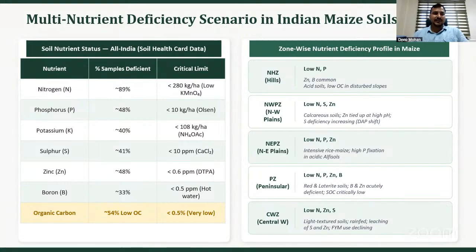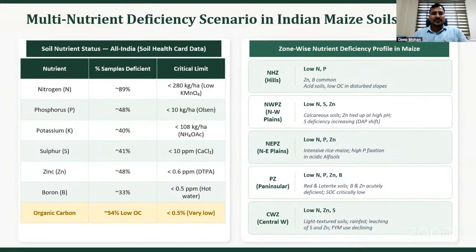Nitrogen was deficient in 89% of samples. Almost 9 out of 10 samples are nitrogen deficient. So before the crop is even sown, the nitrogen is already low. Zinc is 48% deficient, phosphorus 48%, sulfur 41%, boron 33%, and organic carbon 54%.